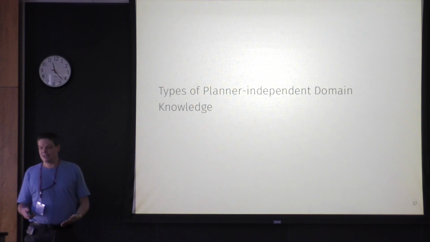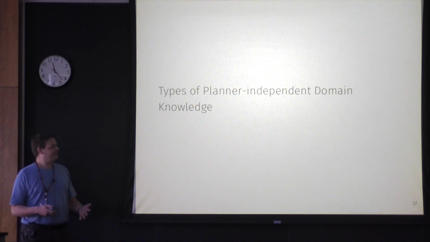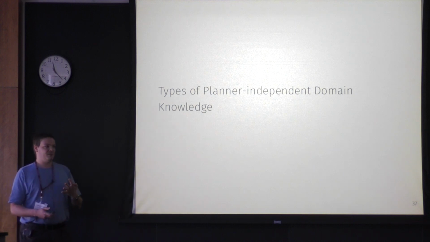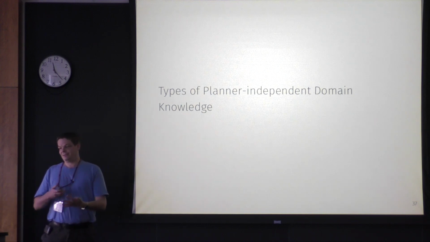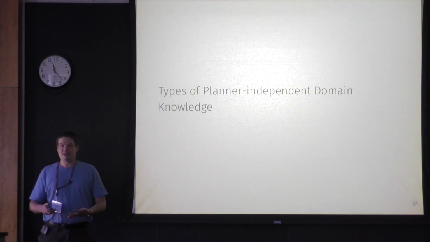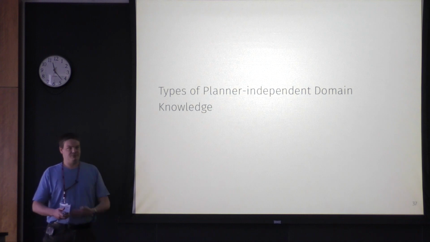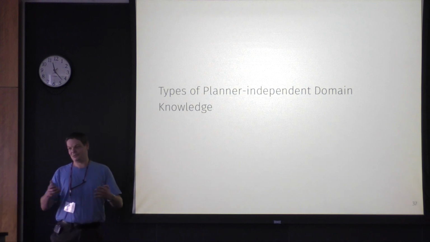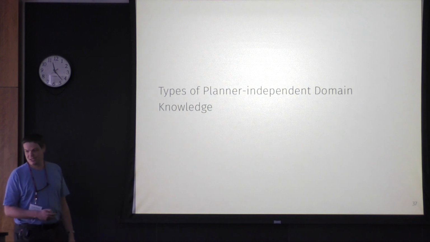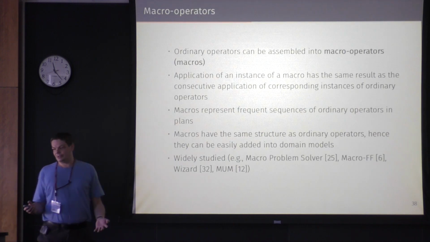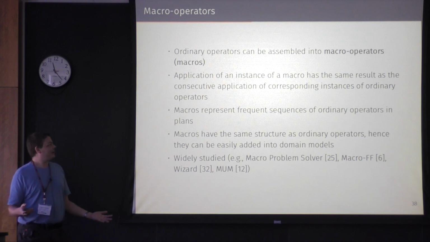But clearly, for planner-independent scenarios, we need to come up with some types of domain knowledge that can be used for a large set of different domain models. One of the best known types of domain knowledge is macro operators.